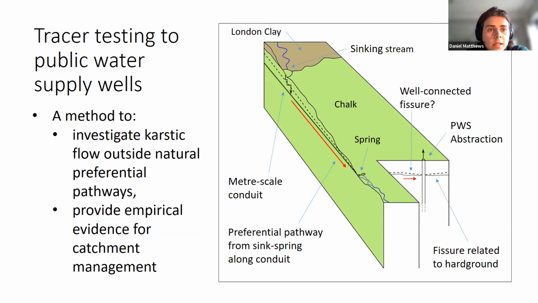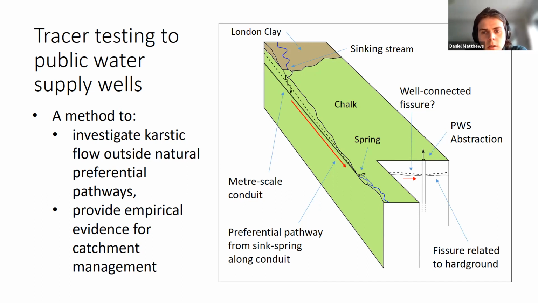So trace testing to public supply wells could be really useful in investigating these questions. And that's because a well is unlikely to lie on that natural preferential pathway and intersect a conduit network. But we already know that some of them especially are impacted by karst, probably via connectivity to well-connected fissures. This evidence comes from previous trace tests and also those other karstic indicators like spikes in turbidity following rainfall.